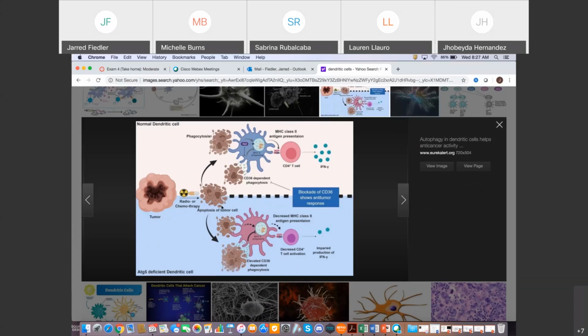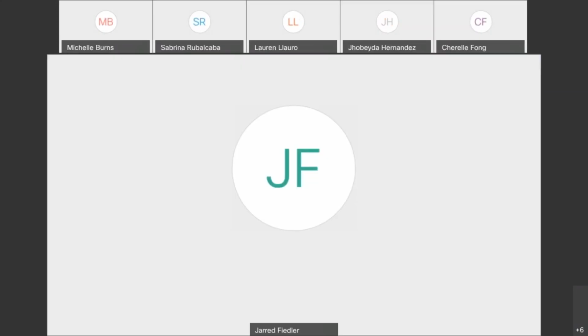It could be your macrophages, your dendritic cells, your B cells, T cells, and they all work together to fight off your cancerous cells, leaving your healthy cells alone. Is that interesting or what?